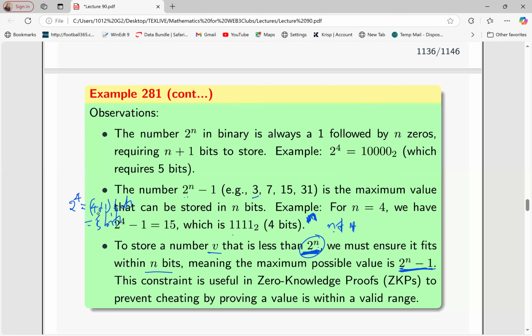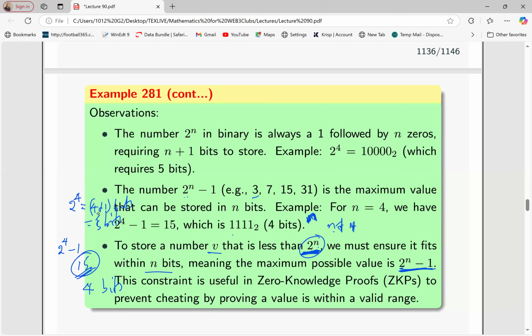But I want a number that is less than this. The maximum it can be is 2 raised to 4 minus 1, which is 15. And this number is 4 bits. So the maximum it can be is this.